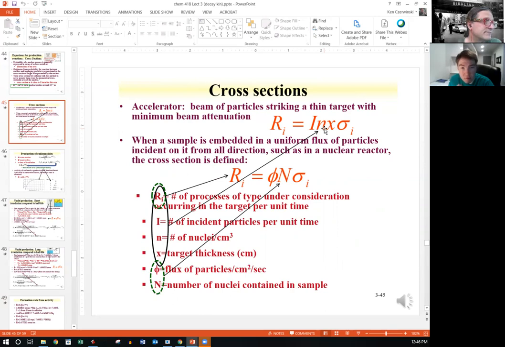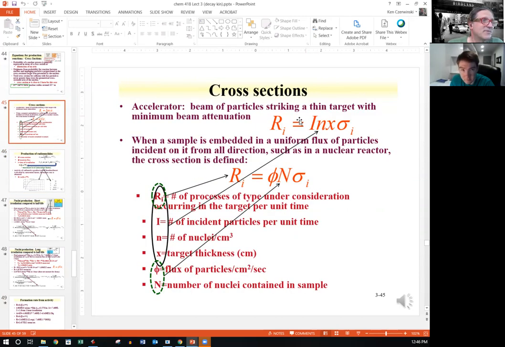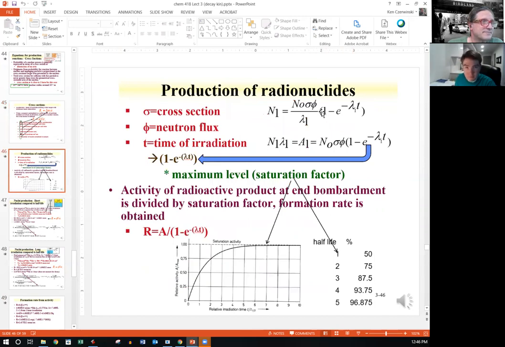So if we were to have that correction for saturation like we did for a nuclear reactor situation, would it be similar, analogous to what we see? I think it's on the next slide. Yeah, exactly. You would substitute this term, right? These terms are just substitutable, and you would use that saturation factor.